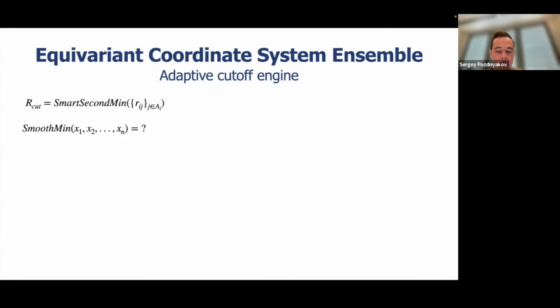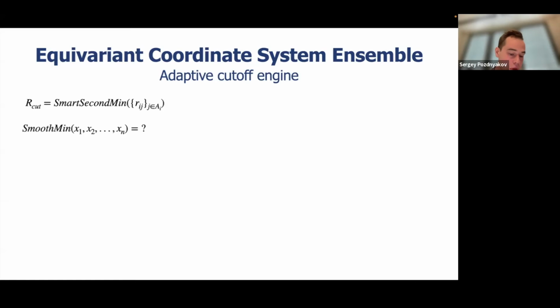Before I go next, I have to tell you something about the actual definition of our smart second minimum. I cannot present the actual definition, the full math behind this construction, because it is just too cumbersome and it is barely possible to fit it within a presentation.